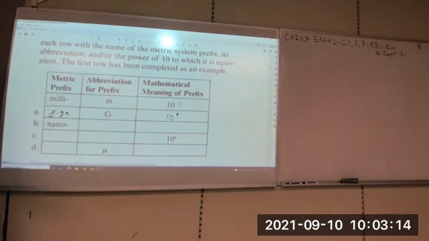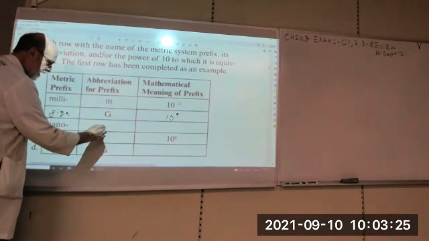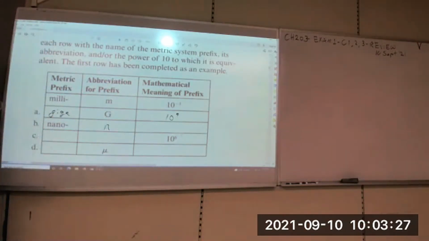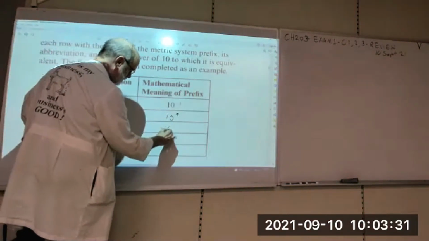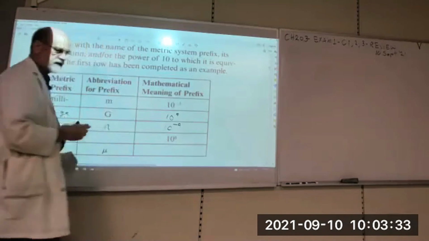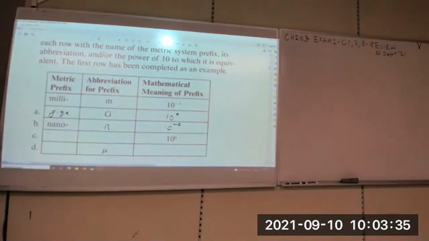A gigabyte would be a billion bytes of storage capacity in your computer. A nano, abbreviated with a little n, means what? Just change the sign. 10 to the minus 9. A nano is a billionth of.